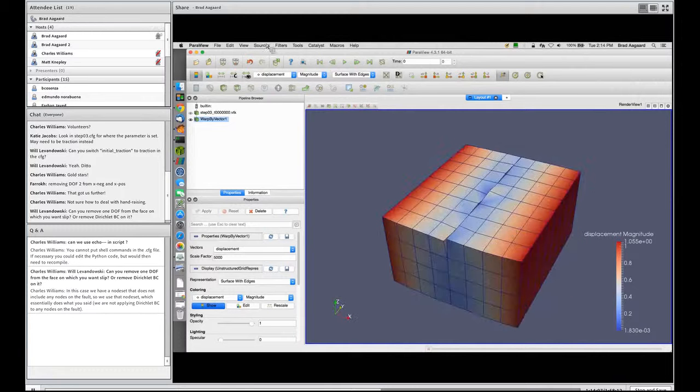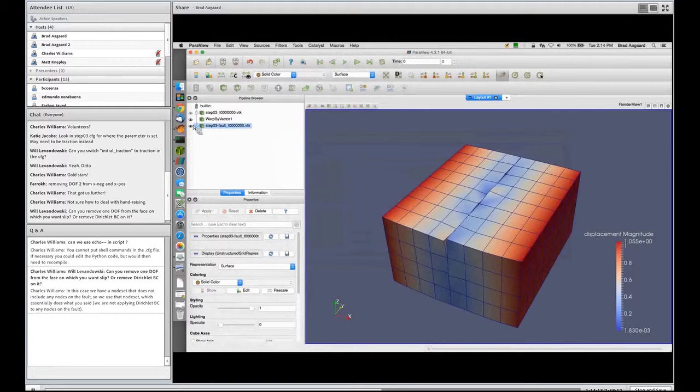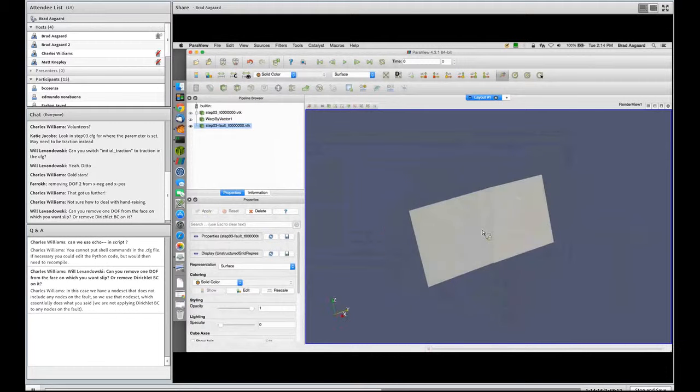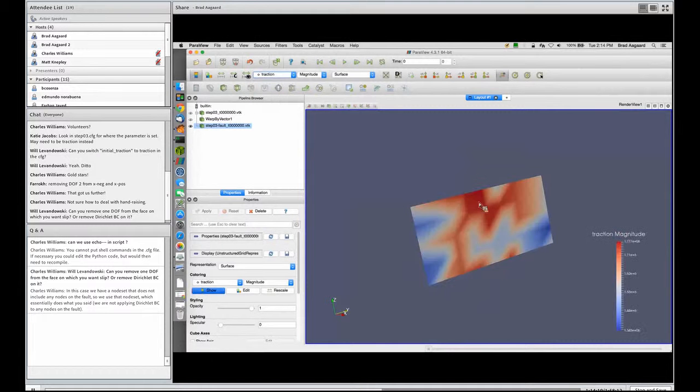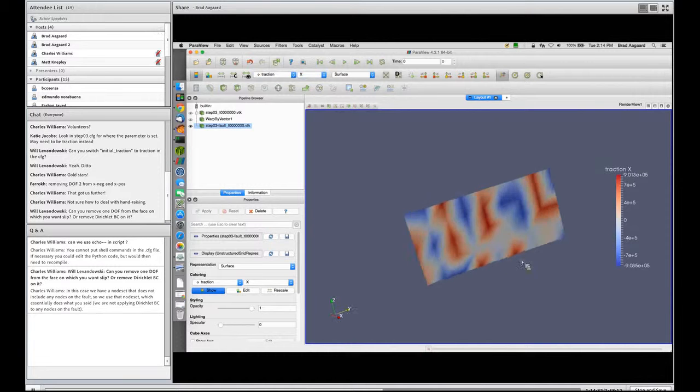Let's look at the fault. See what the fault looks like. So there's our fault. Let's see what the fault tractions look like. Look at the color scale over here. They're sort of all over the place. What is our traction? That's magnitude. So there's our shear traction. Shear traction looks like it's essentially uniform.